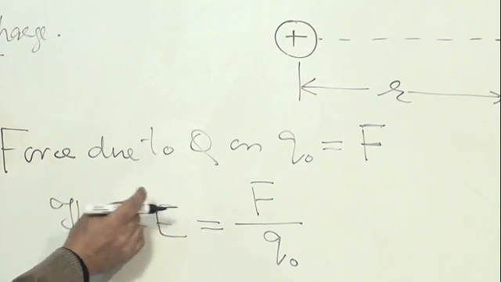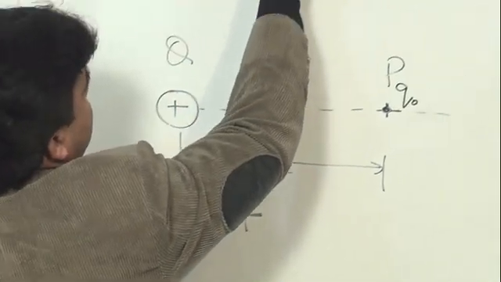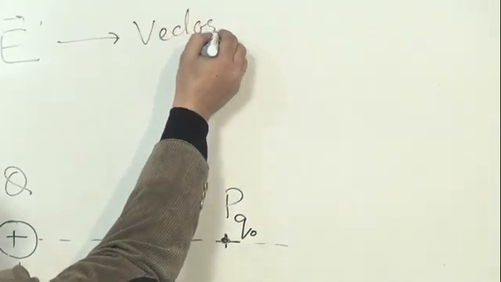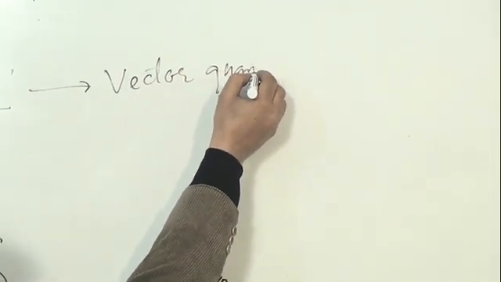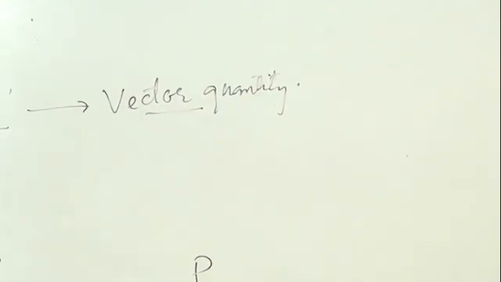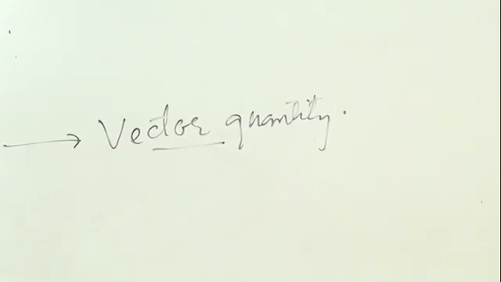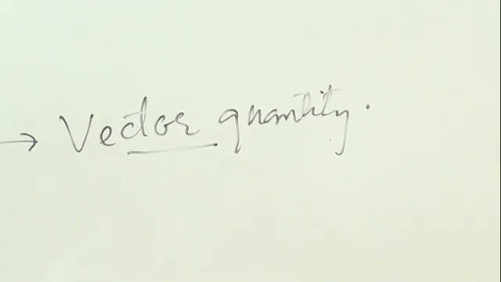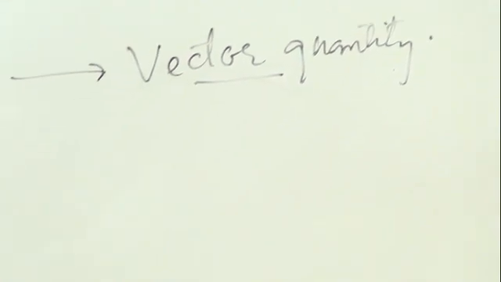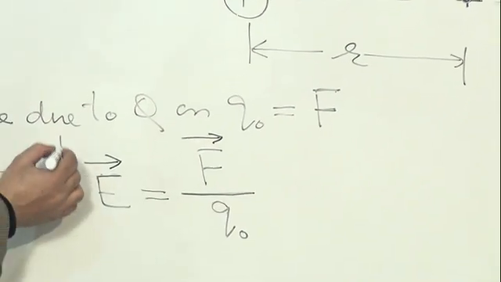The electric field intensity is a vector quantity. That means it has both magnitude as well as direction. Therefore, in vector form, electric field intensity is equal to force in vector form divided by Q naught.